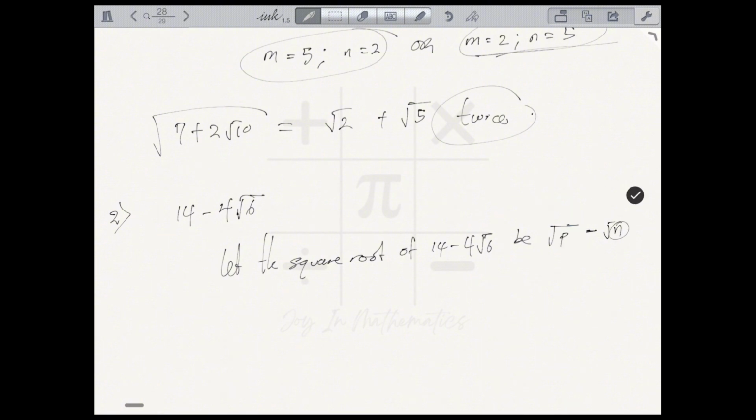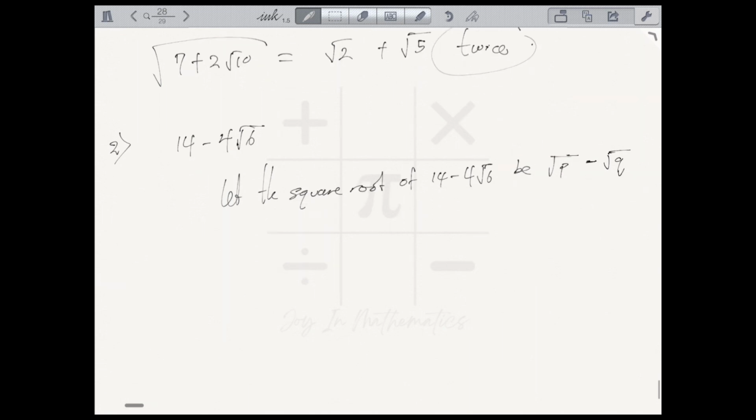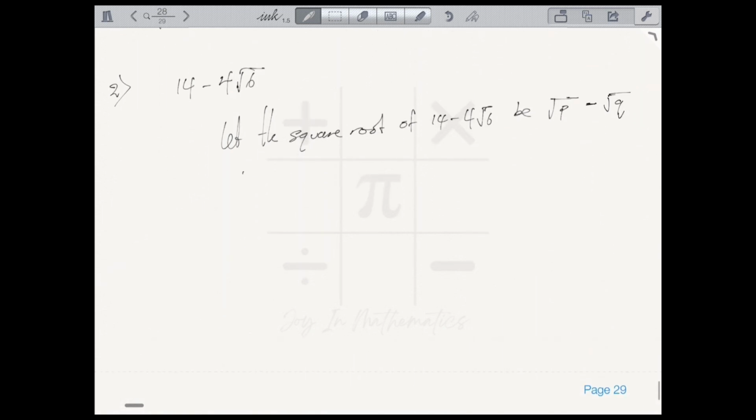Well, let's make it different and let's use p and q. So if the square root of 14 plus 4 root 6 is equal to root p minus root q, therefore we are saying that 14 plus 4 root 6 is equal to the square of root p minus root q.